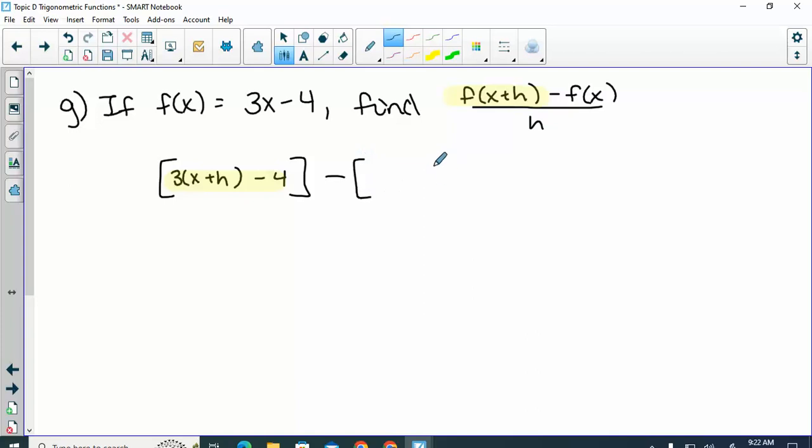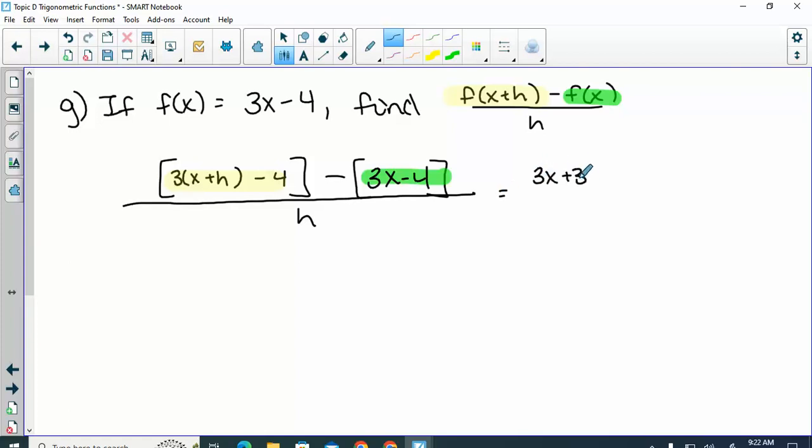Minus f of x is what? All divided by h. My 3x's drop, my 4's drop.